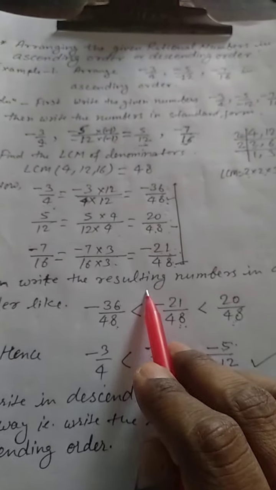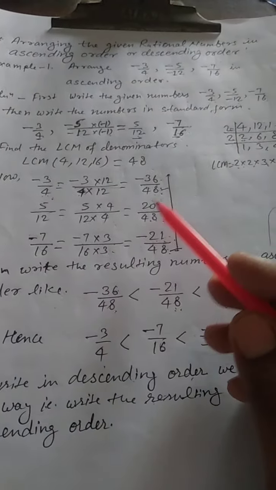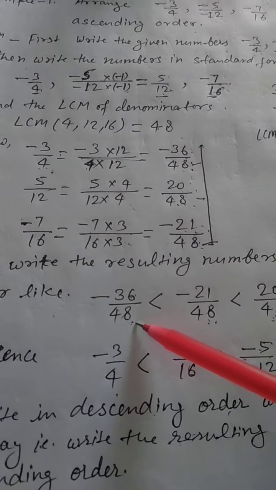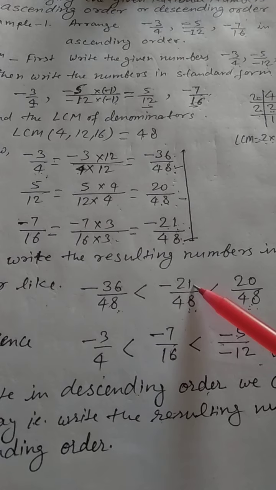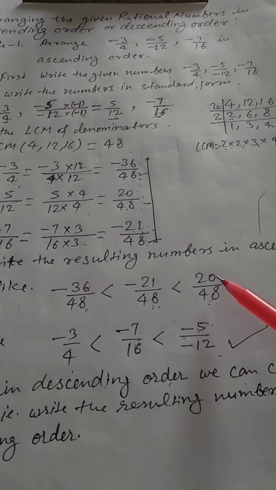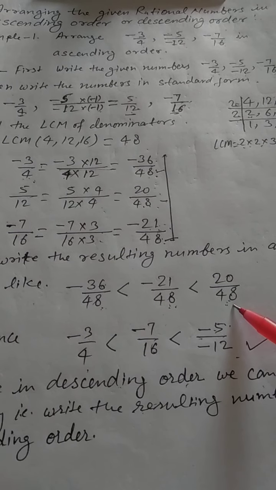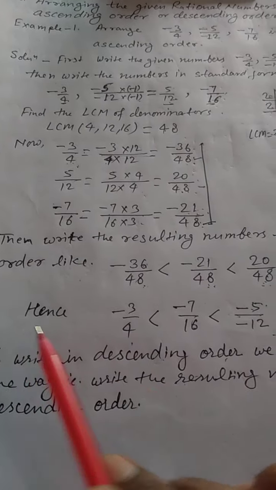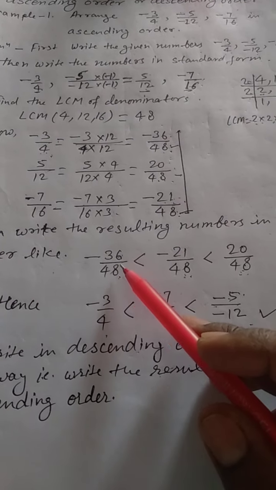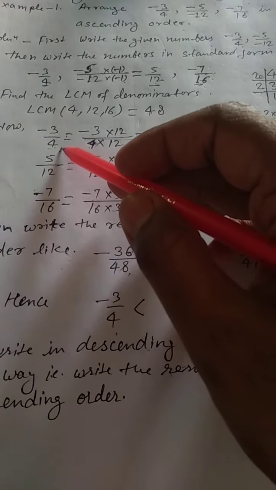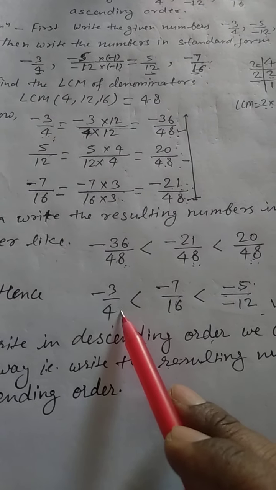Then write the resulting numbers in ascending order, like minus 36 by 48, then minus 21 by 48, and then 20 by 48. Hence, minus 36 by 48 is for minus 3 by 4, so I am writing here minus 3 by 4.